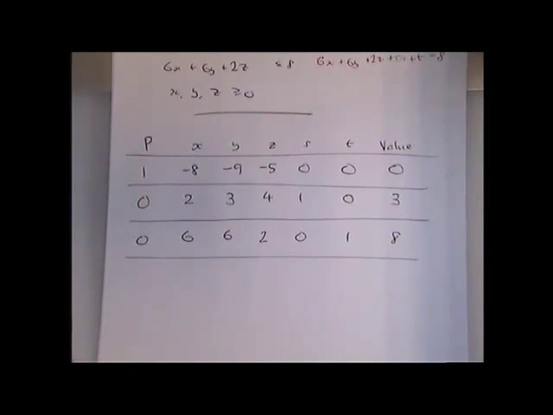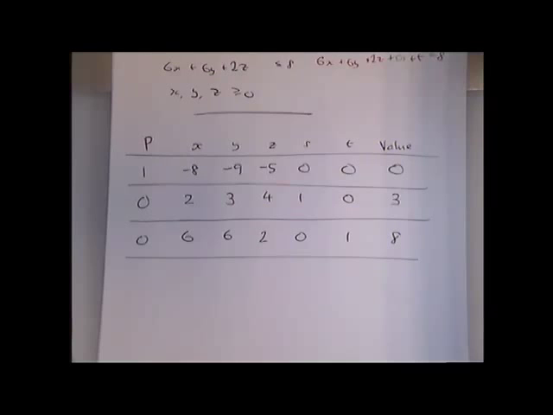Okay, so now we need to go and find what we do. How do we start off? We've got to identify something first of all. Can we remember what's the first thing we do? We've got to try and identify our pivotal column.